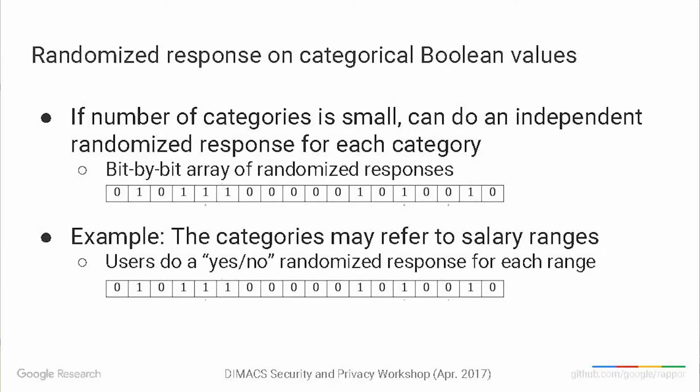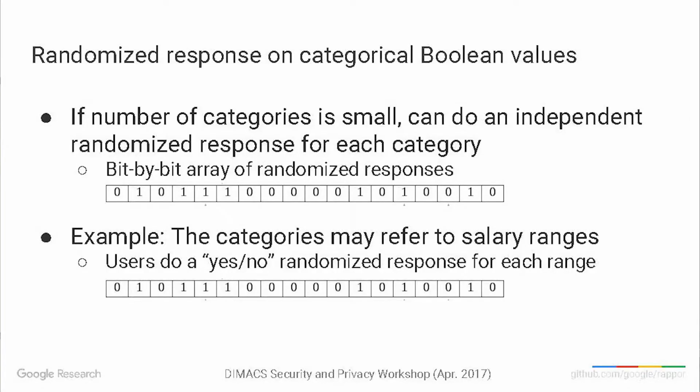And what we did is we extended this randomized response to categories. So now imagine you have a bunch of yes or no questions, all done in conjunction. Think, for example, of salaries. You have buckets of salaries: ranges from 0 to 20K, 20 to 40K, and so on. And you basically have yes or no responses to each one of them. It's also important that you only respond yes to exactly one of them, so that you limit the sensitivity of the functionality.